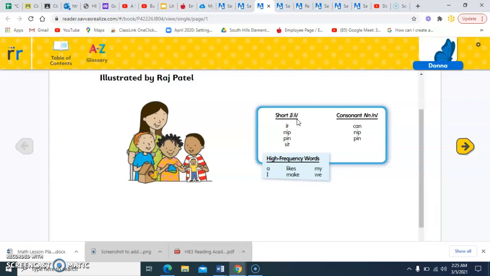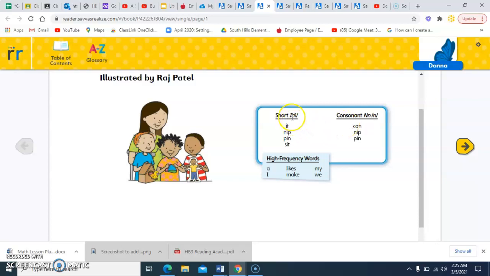So we know we have the long I, but when we have the short I, it's I. And then we have N, and what sound does N make? Mm.